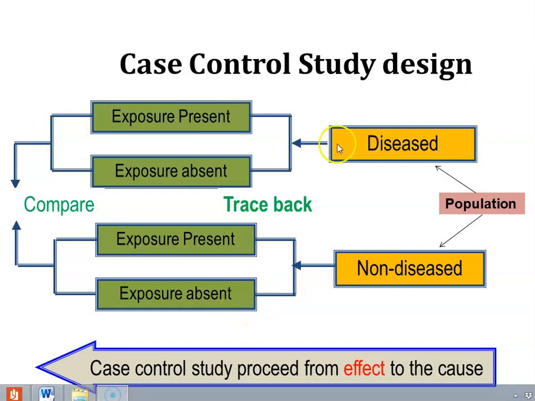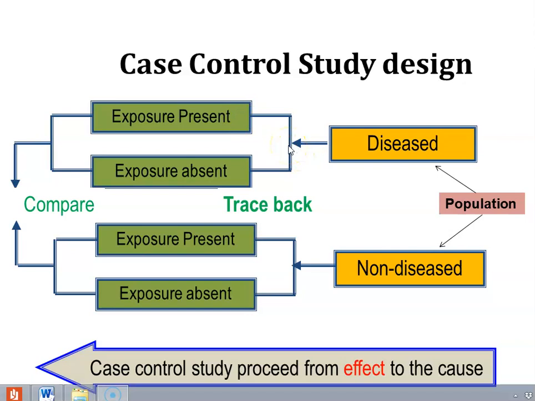If we observe that the lung cancer patients reported more smoking, we cannot confirm that smoking caused the lung cancer. It may be the other way around. It may be that lung cancer caused higher smoking rates, maybe due to some depression or some other reasons.